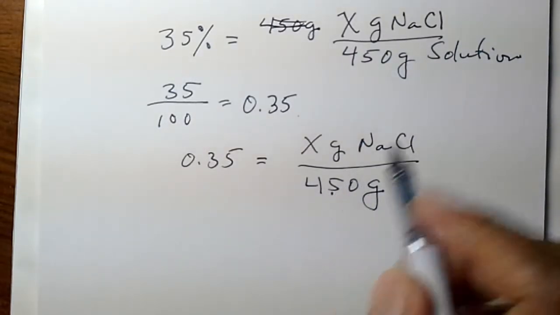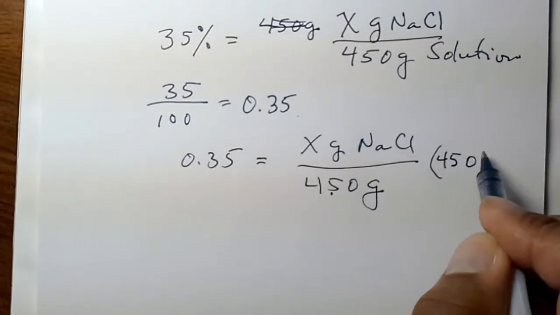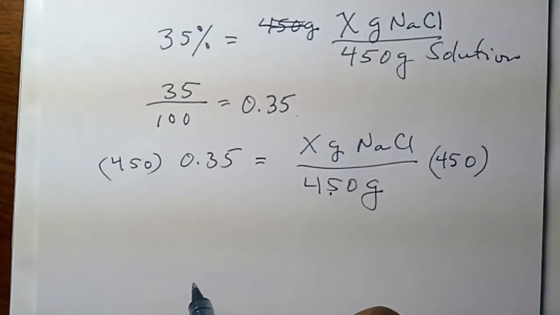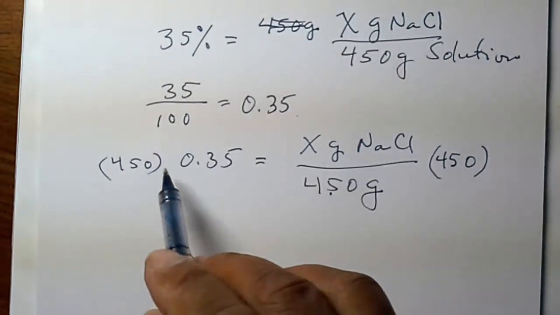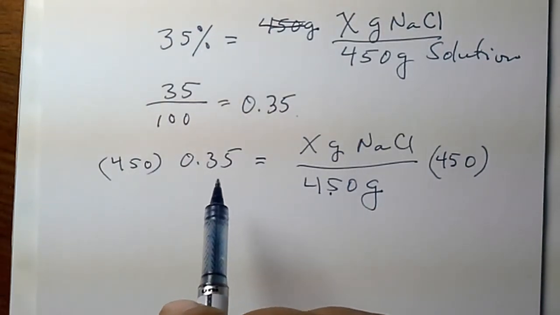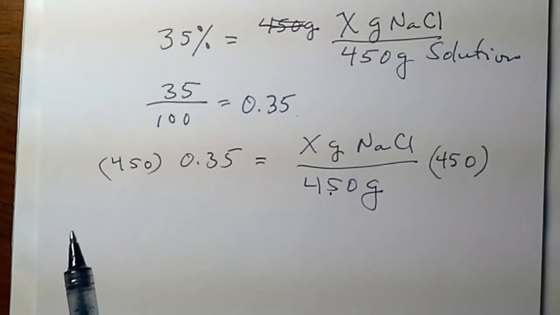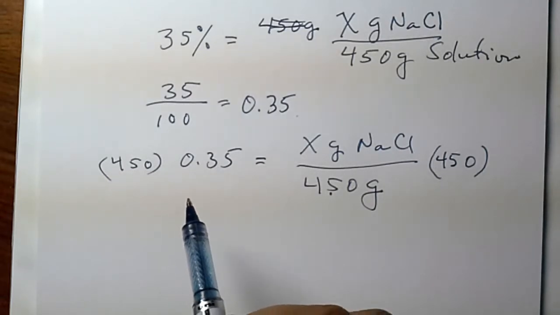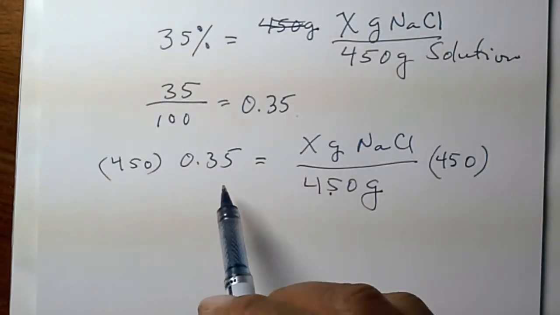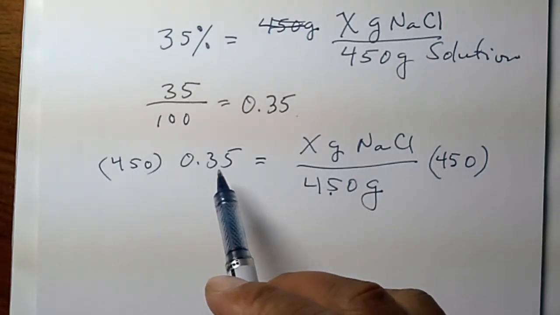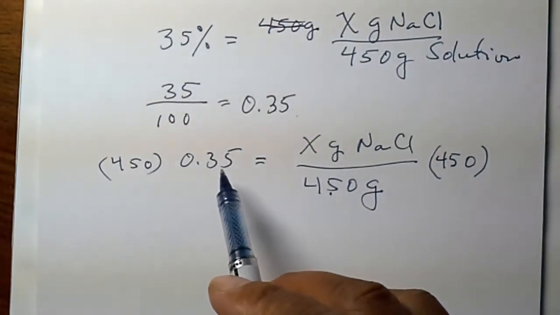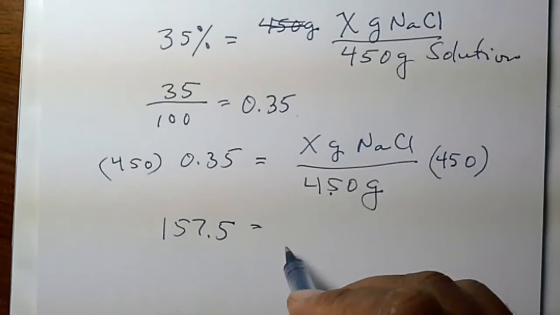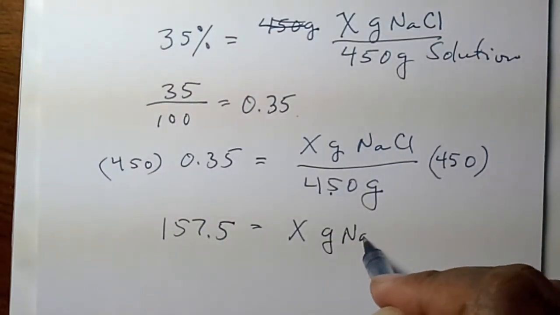We multiply both sides by 450, and what will that give us? I don't know, where's the calculator? Come prepared. Alright, so we take 0.35 times 450 and we get 157.5 equals X grams of sodium chloride.